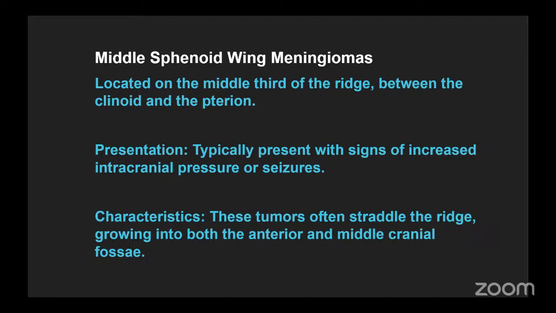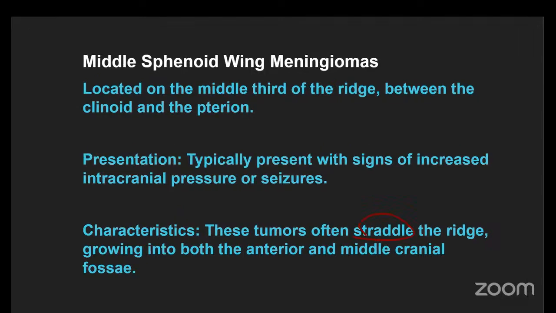So they can present with seizures. They can also present with frontal lobe signs if the lesion is growing into both the anterior and the middle cranial fossa. There's a term called straddling. If it is straddling the lateral side, then it can compress both the frontal and the temporal lobe.